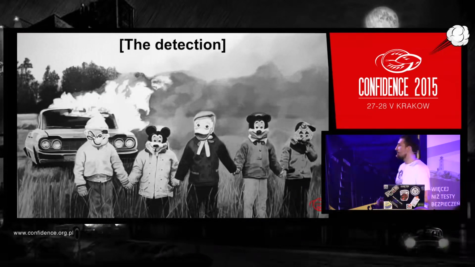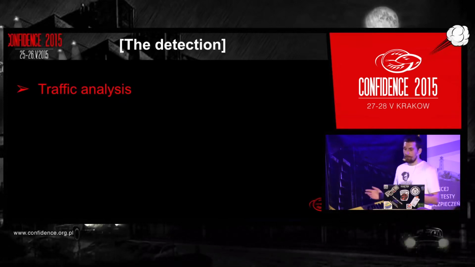Now a few words on detection of anomalous activities of the target process, crashes and so on. There are a number of detection methods. The first of them is traffic analysis. In my research, in my tool, I do not use that method, but I think I need to mention it anyway.